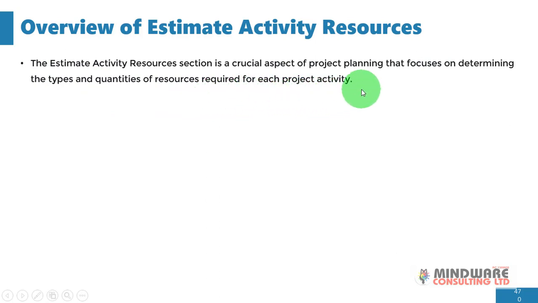In your project you have a series of activities depending on the size and complexity of your particular project. Of course, the activity is the smallest unit in your project. So for each of those activities you're going to have to define the resources that you require, and then of course estimate the quantities required.